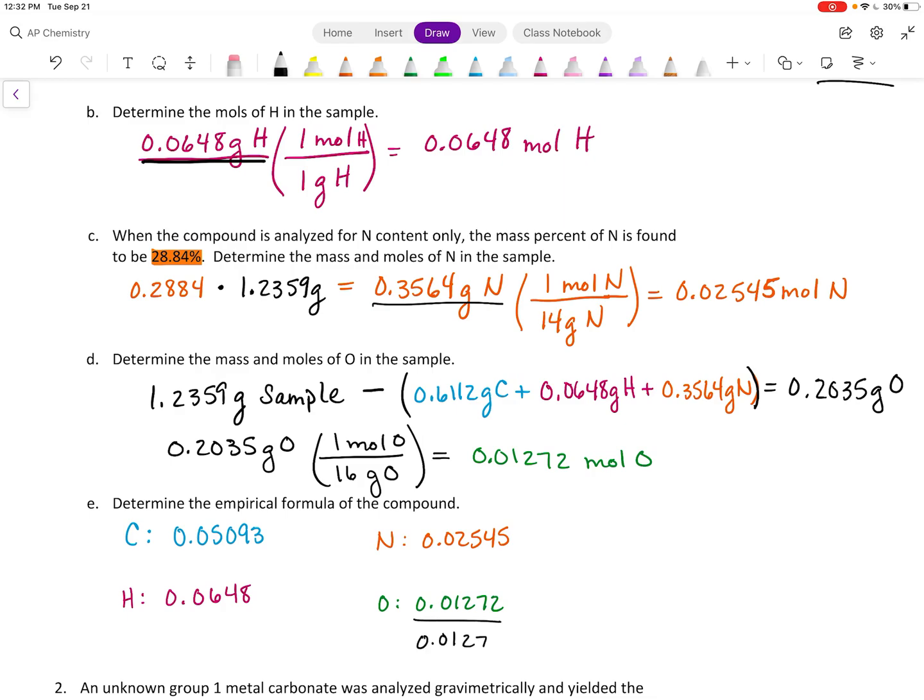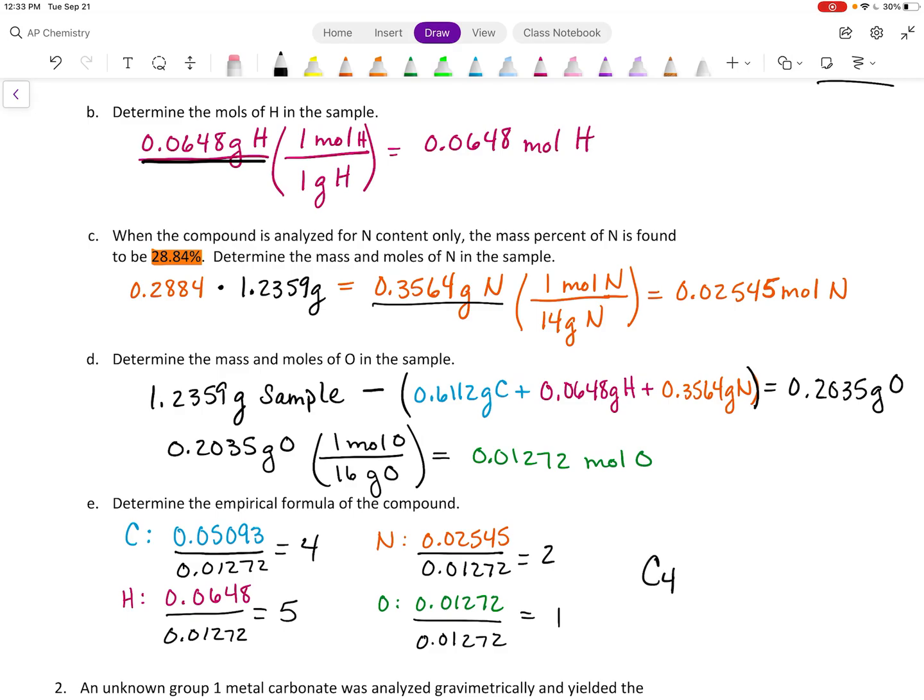So 0.01272 divided by 0.01272 is going to give us a 1. That should give us a 2. We should end up with 5 hydrogens and 4 carbons.